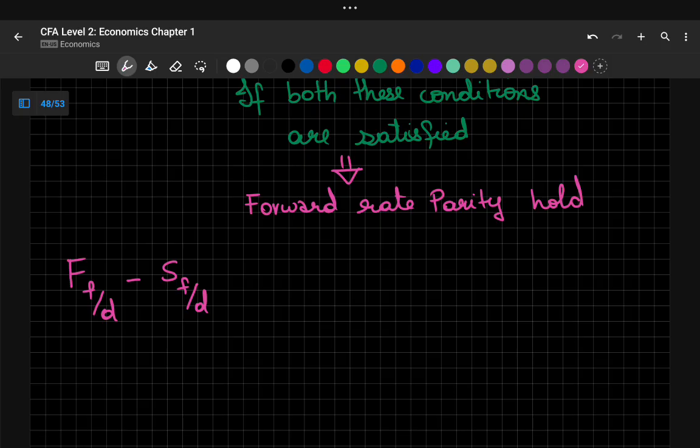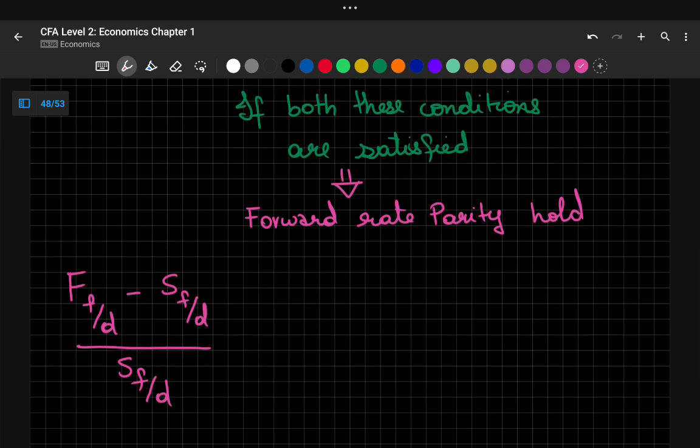This was discussed in the covered interest rate parity video, the forward rate video. Now, the forward premium or discount divided by the spot price will give us the forward premium or discount in percentage terms.